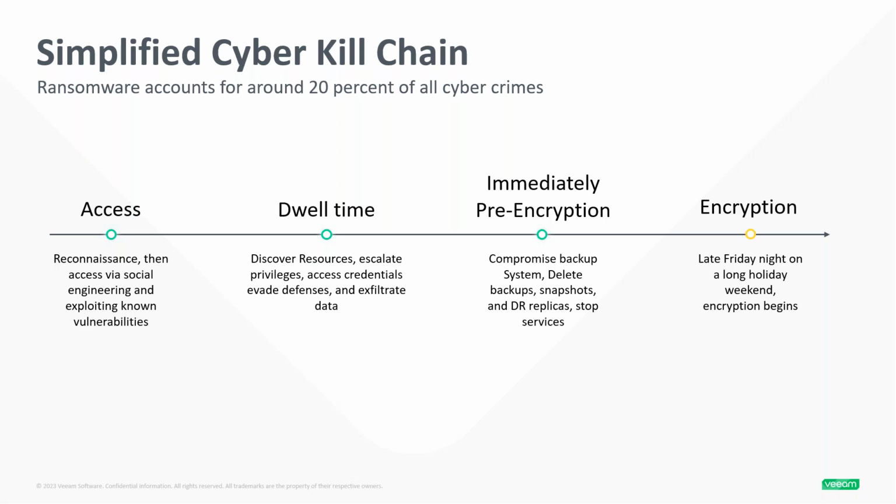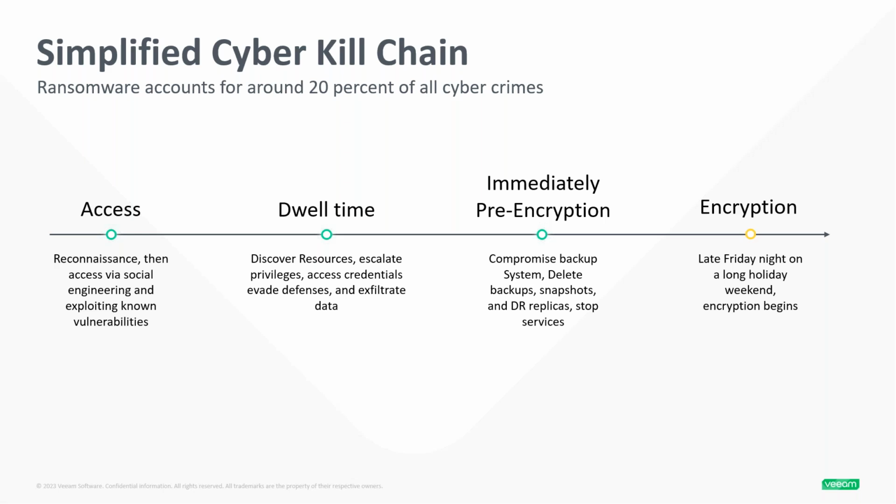So basically what they're trying to do is to discover any information that can be gathered, and ensure that this information can be used to do a couple of things. One is to escalate privileges, so that they can change or modify anything in your backup infrastructure. And of course, evading defenses and exfiltrating any data from the environment is also one of the priorities which an attacker will pursue.